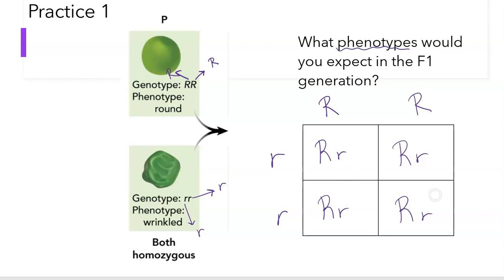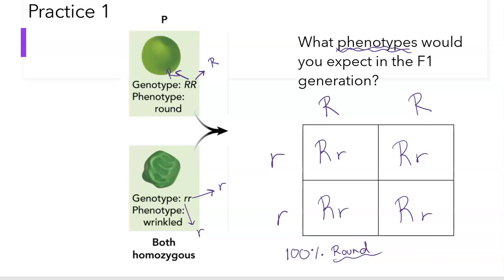Would their offspring be round or wrinkled? And since all of these genotypes are the same, that means the phenotypes are all going to be the same. So they have 100% round offspring, and the reason that we say round is because it asked for phenotype and not genotype in this example.